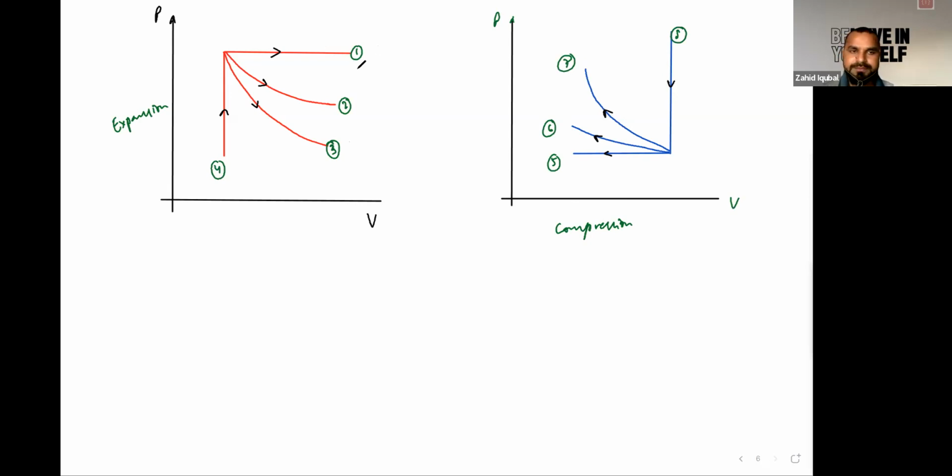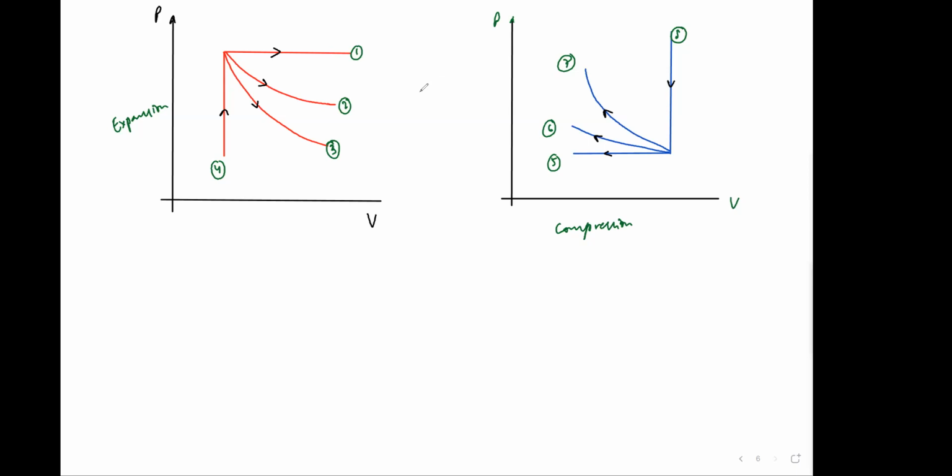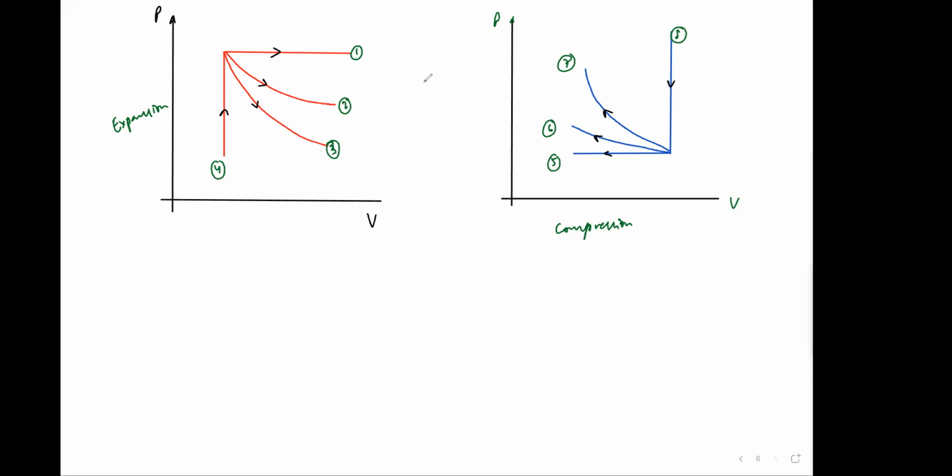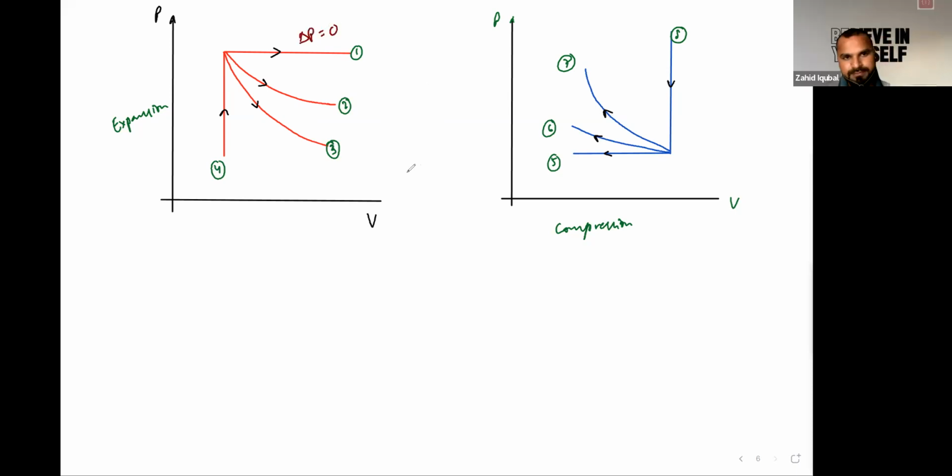Tell me about the first, which process is it: isothermal, adiabatic, isochoric, isobaric? Which one? Isochoric. Isochoric means volume should be constant. No, isobaric. Good. So delta P equals 0.